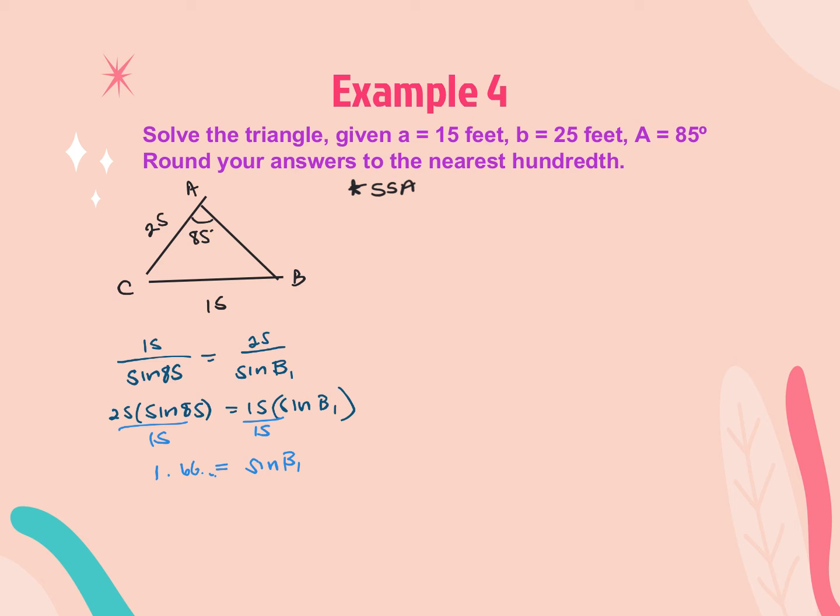I have to do sine negative 1 to solve for B, and what happens? What happens if I hit sine negative 1 of 1.6? No solution. The calculator's going to yell at you. Like, hey, don't forget, sine can't be bigger than 1. So there is no triangle.